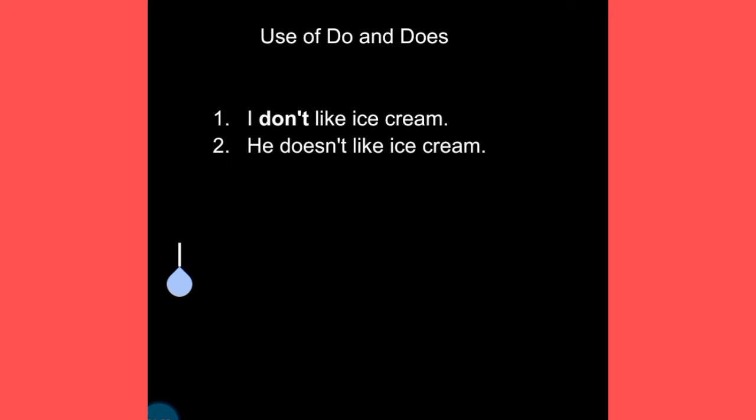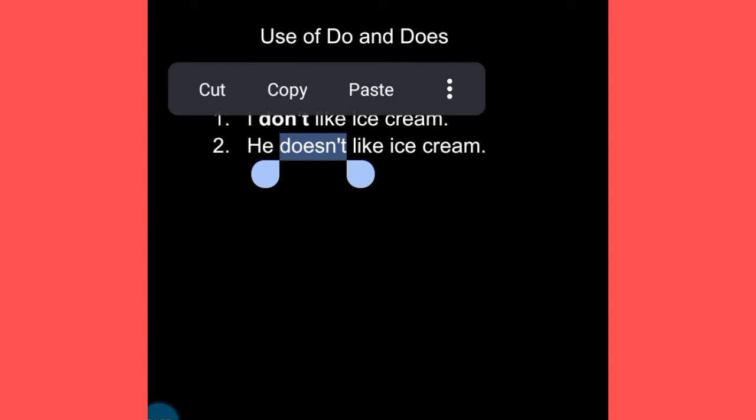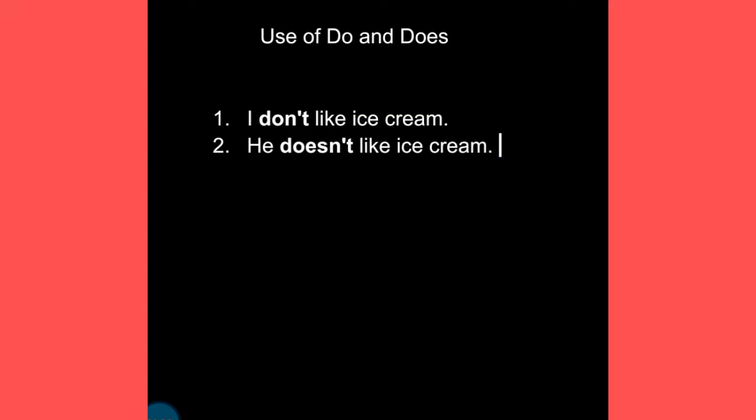That means whenever we make negative sentences of present simple, we have to use do and does. Now the question arises, because sometimes we use do and sometimes we use does: is there any rule regarding where to use do and where to use does? Yes, there is a rule.